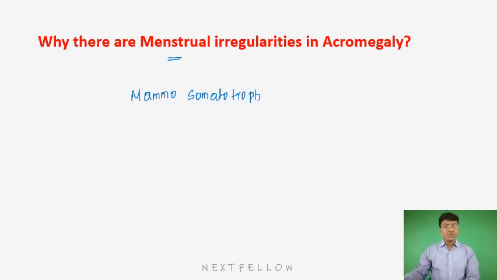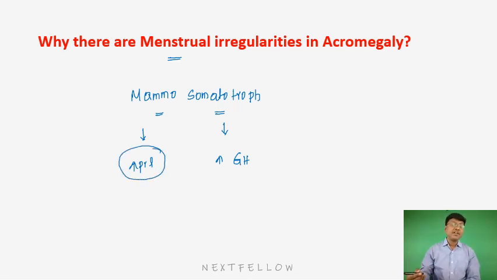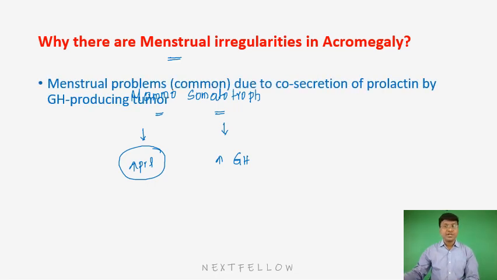So, in case of mammo-somatotroph type of pituitary adenoma, there is increase in the prolactin levels, and there will also be increase in the growth hormone levels. And because of increase in the prolactin levels, the individual will develop amenorrhea. So there will be menstrual irregularities, in the form of amenorrhea. And why is that? That is because of prolactin secretion. Next.